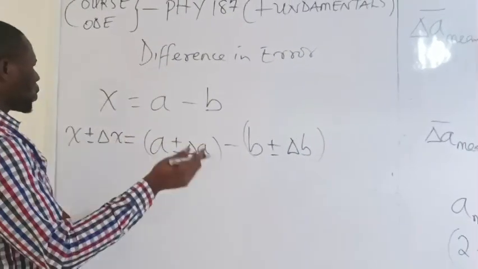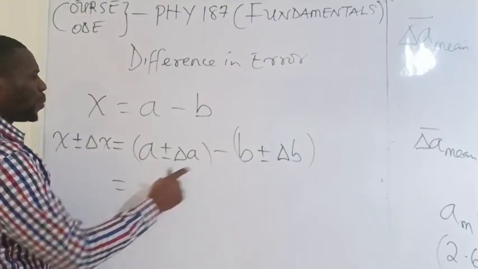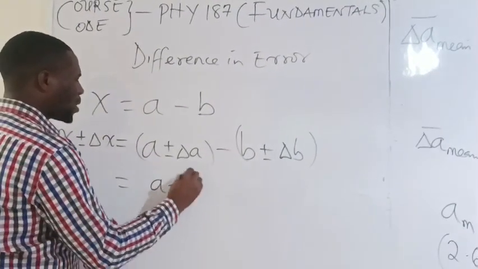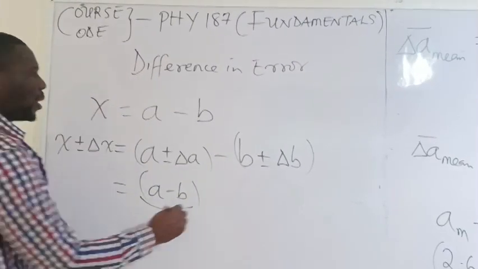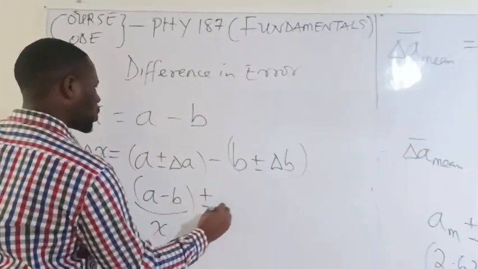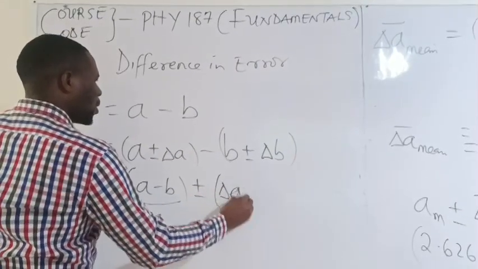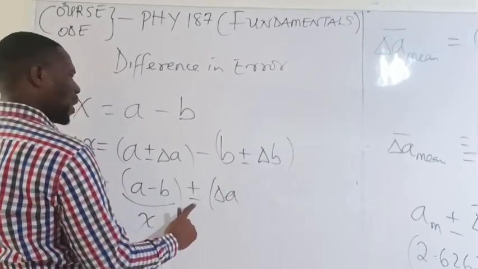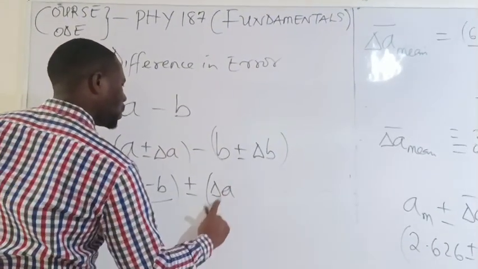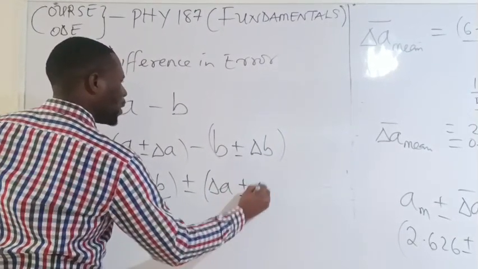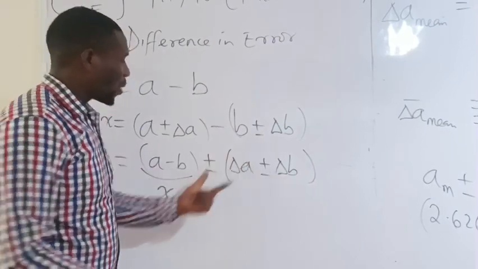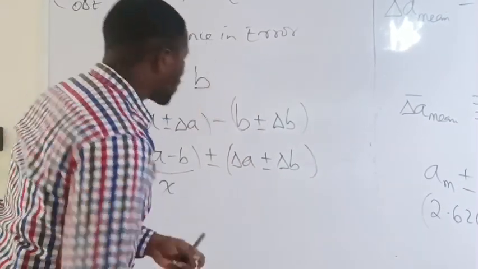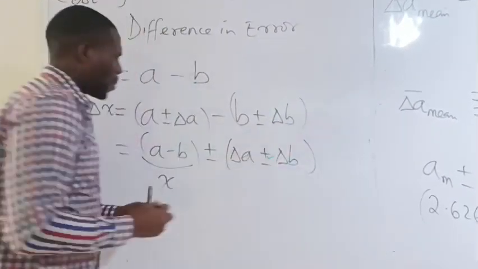Alright, so straight to the point, just a quick one. This would be the same as the difference, which we called x initially. Then we have plus or minus the absolute error in the first measured quantity, and of course the second. Like I said before, I'm just interested in the positive part.